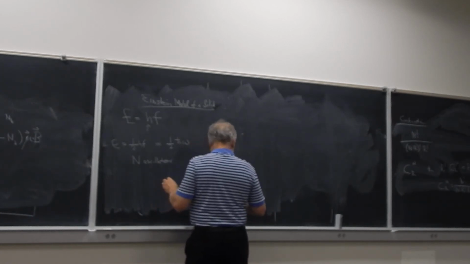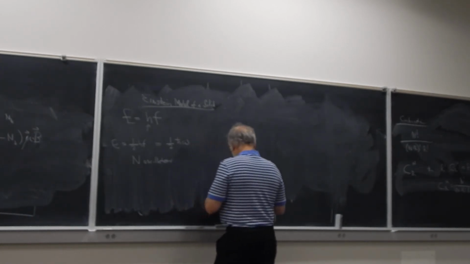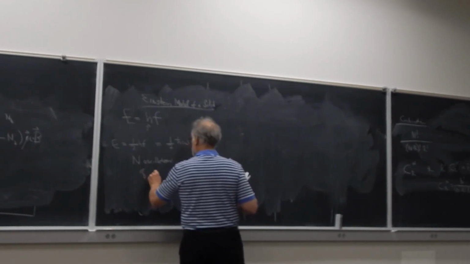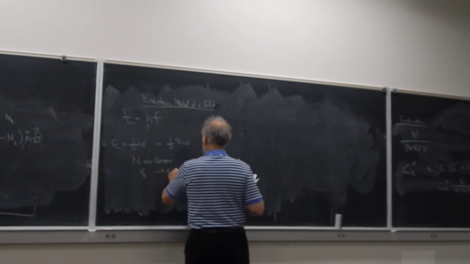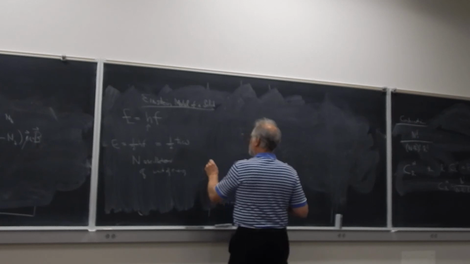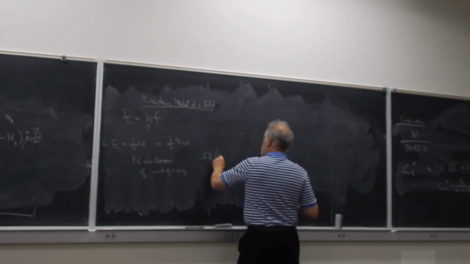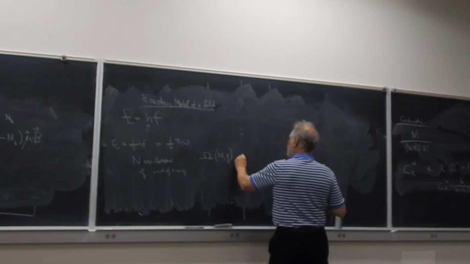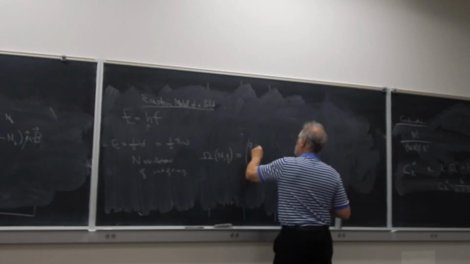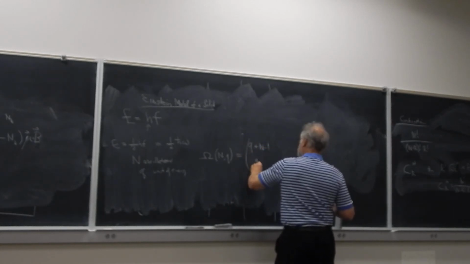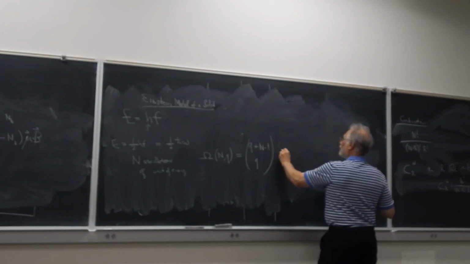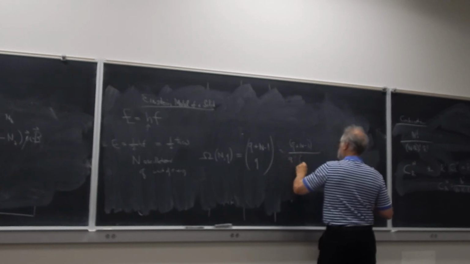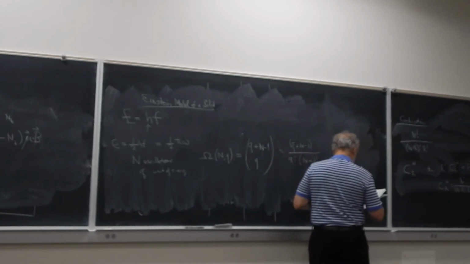The general formula for N oscillators, and let's say each oscillator has a unit of energy, Q. The general formula for finding the possibilities, the number of ways to distribute Q units of energy, I can write as Q plus N minus 1 taken Q ways, or Q plus N minus 1 factorial divided by Q factorial times N minus 1 factorial.